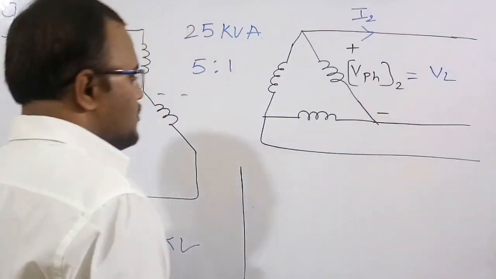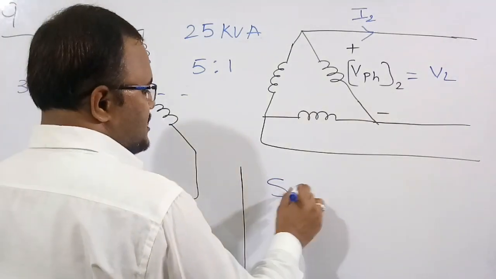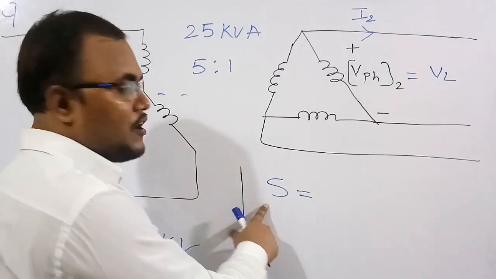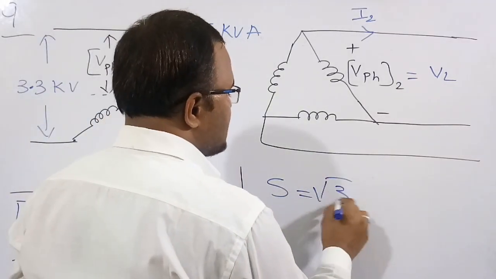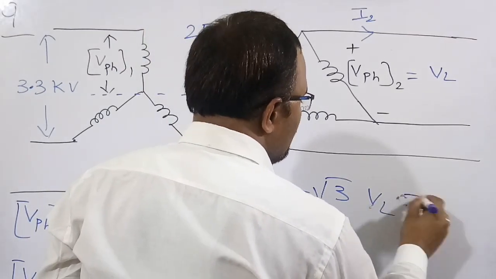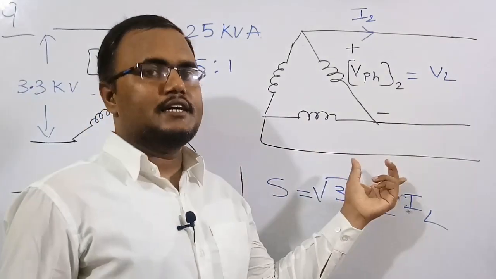Simple. For a 3-phase transformer, we know the expression: the magnitude of the complex power is always equal to root 3 times VL and IL. Here we can use either the star connection or the delta connection.